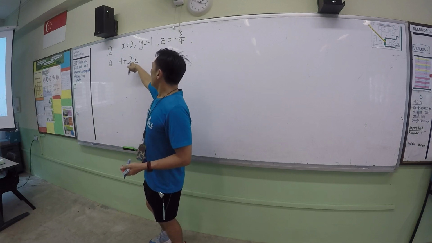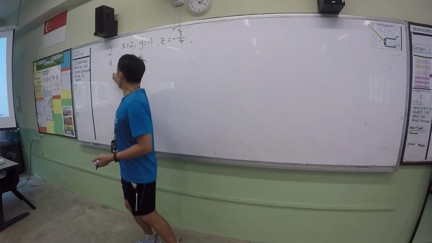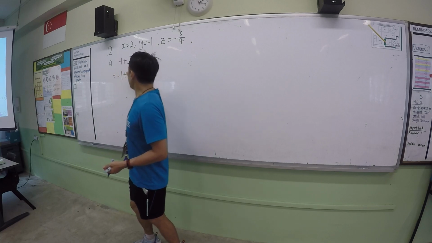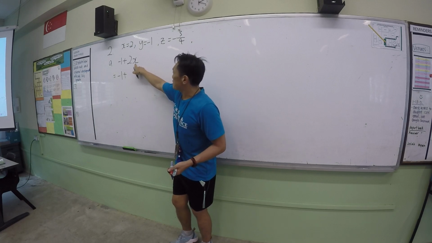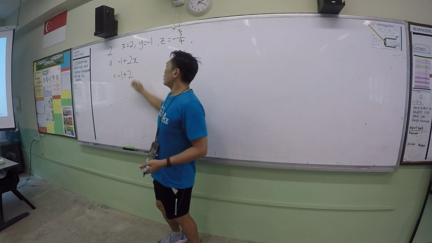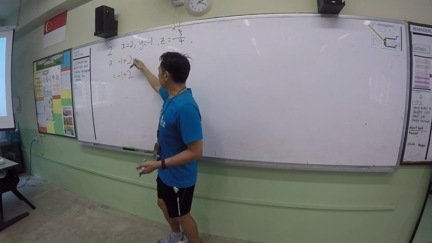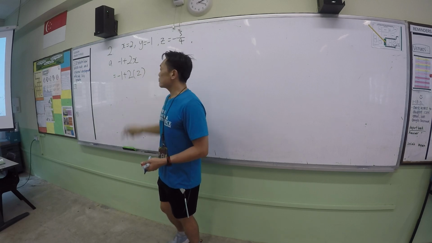But now, I am told x is 2. So I'm going to do a substitution, replace my x. I am only replacing my x, so everything else, -1 plus 2, all don't change. But x I replace with a bracket and put the 2 inside.